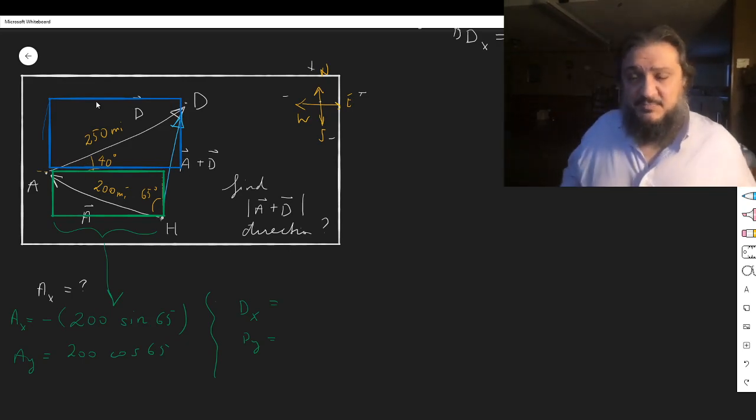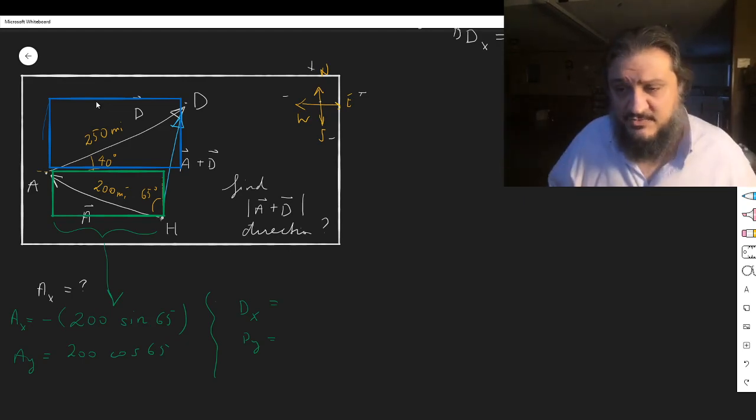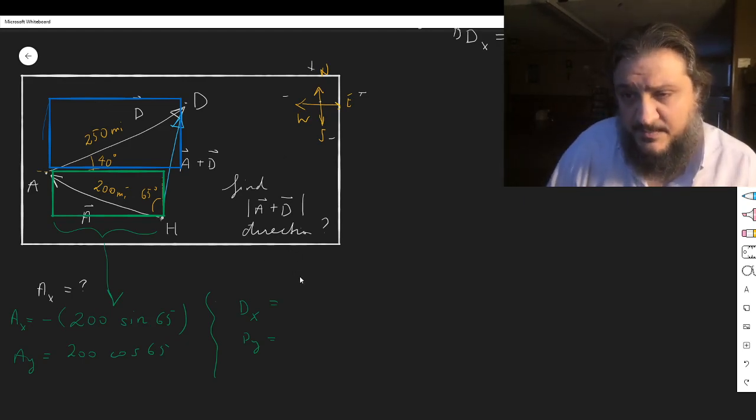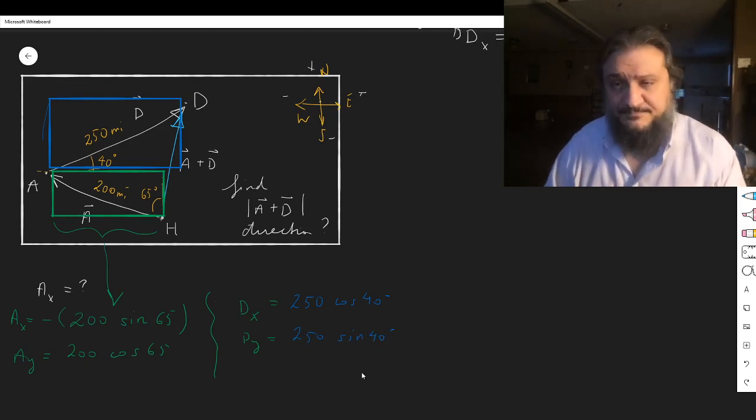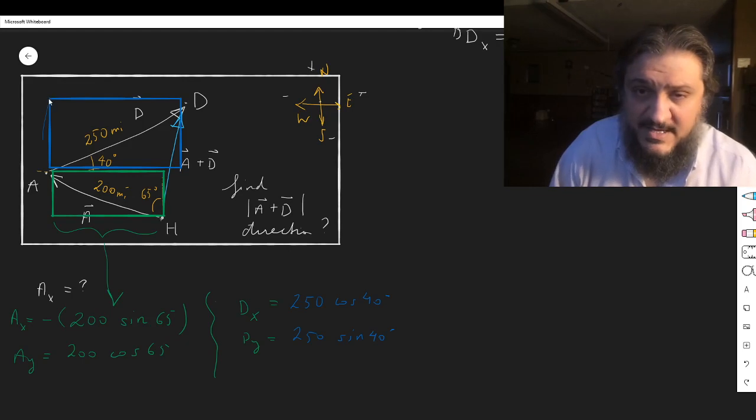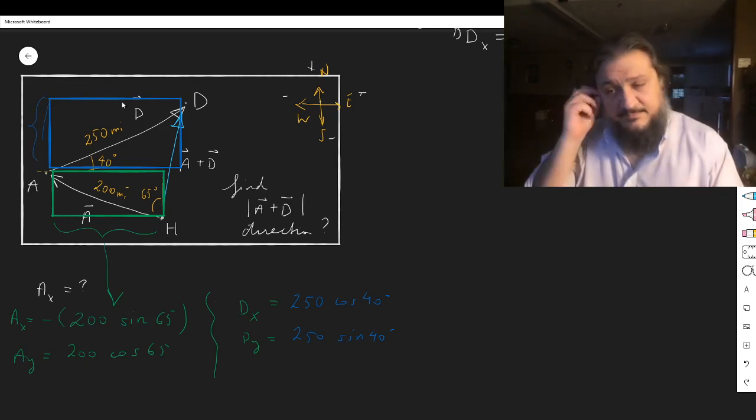Okay, so dx will be the length of that triangle, and it's positive. So 250 cosine 40, right there. And dy will be 250 sine 40. All right? That would be this side here, which is equal to that one.